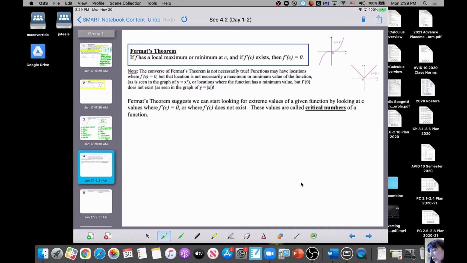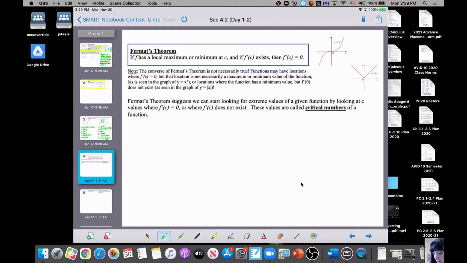The next thing that we're going to talk about is Fermat's theorem. And Fermat's theorem says that if f has a local maximum or minimum at C, and if f prime of C exists, so if you can take the derivative at C and the derivative exists and you get a value, then f prime of C is 0.